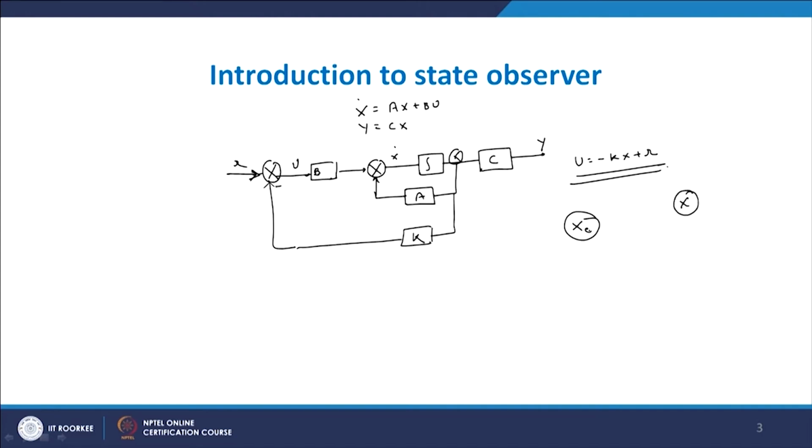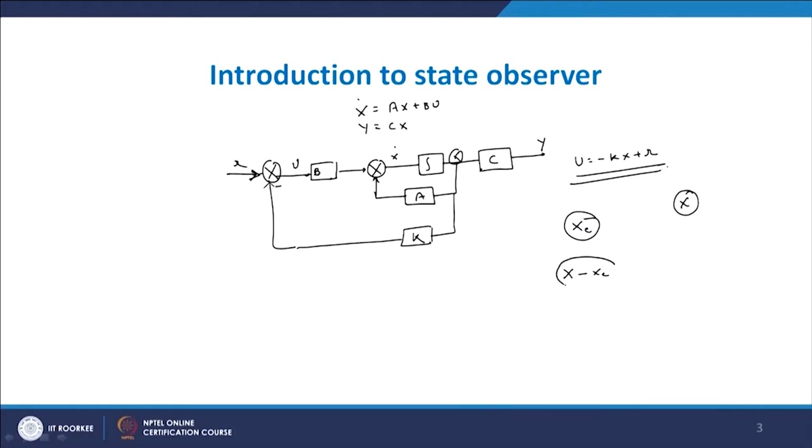What we want is that whatever state we estimate should be near to the original state. That means the difference between x and x_e should be minimum. But how will you know that the difference between x and x_e is minimum? Because this x cannot be measured, that is why we are determining x_e.